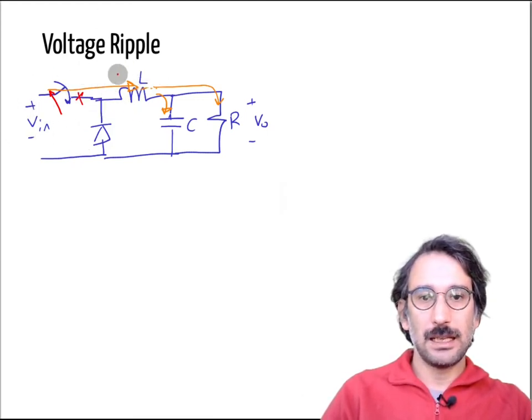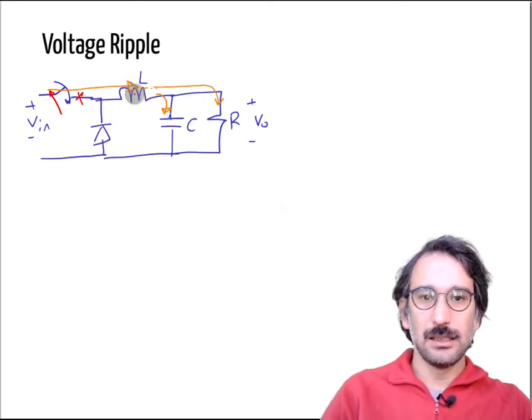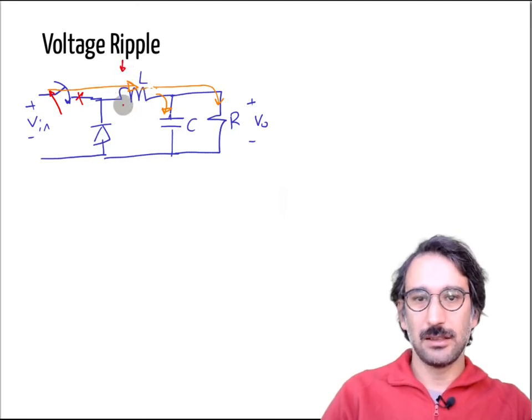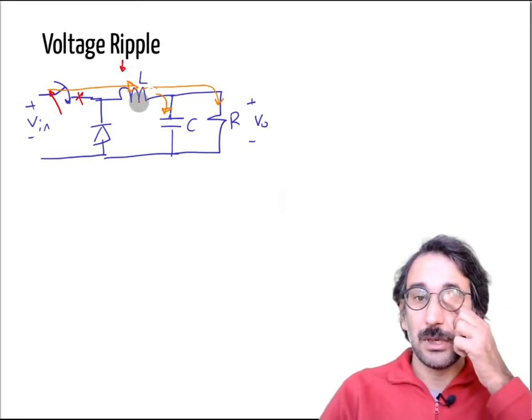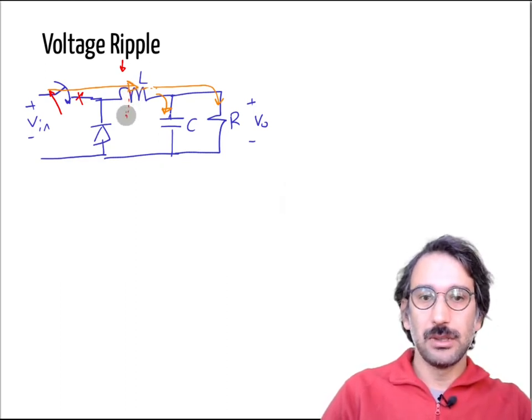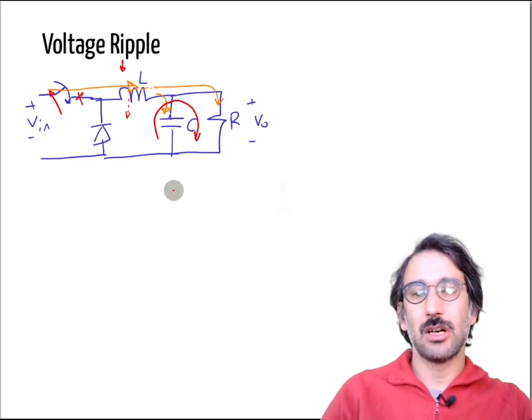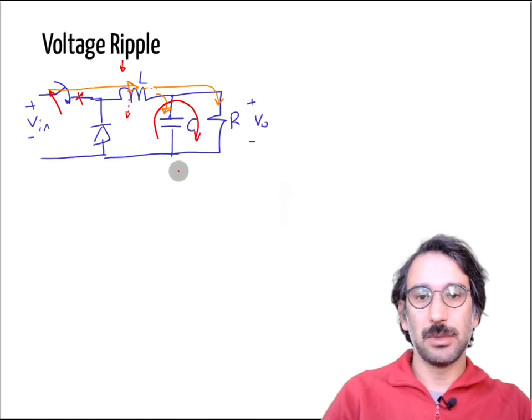So during the off time of the switch, your inductor and your capacitor need to supply the load. Then the inductor current starts decreasing. It is still carrying current in that way, but after some time that inductor current will drop, and I will show you the figures. Then your capacitor is going to supply your load.